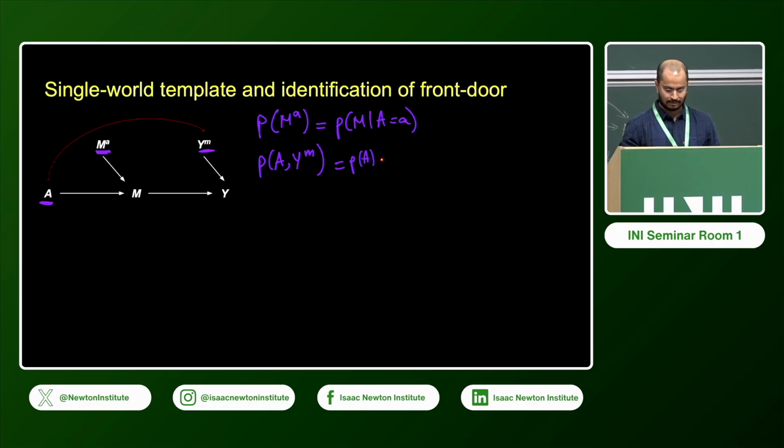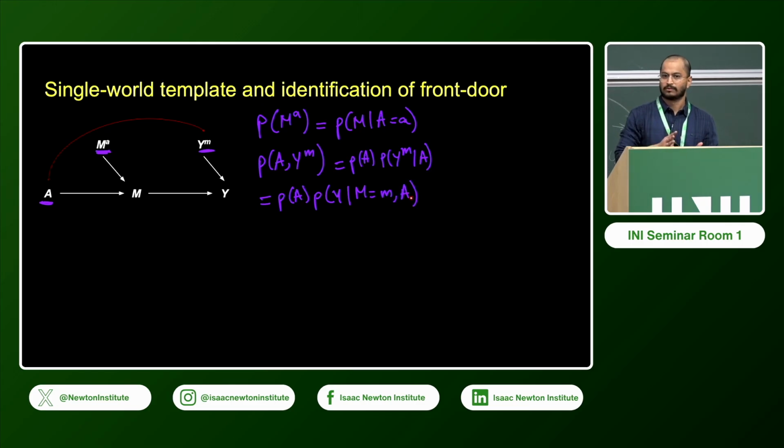Okay, P of A, P of YM given A. And then by independence, you'll notice that YM does have a path to M. I can go from YM, follow this bidirected edge to A, and then follow that directed edge to M. But if I'm conditioning on A, YM is independent of M given A. So that licenses me to say that this is equal to P of A times P of Y given M is equal to M and A. So that gives me this joint distribution, and then I can start to decompose that joint.